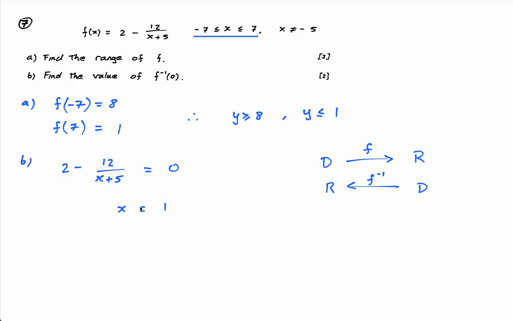That means when I put 1 into this function, I get out 0. So I put in 1 and get out 0, which means when I put 0 into the inverse machine, I should get out 1. So f inverse of 0 equals 1. Okay, done. Right, that's question 7. A bit more difficult than I was expecting, but there you go. Question 8 next.